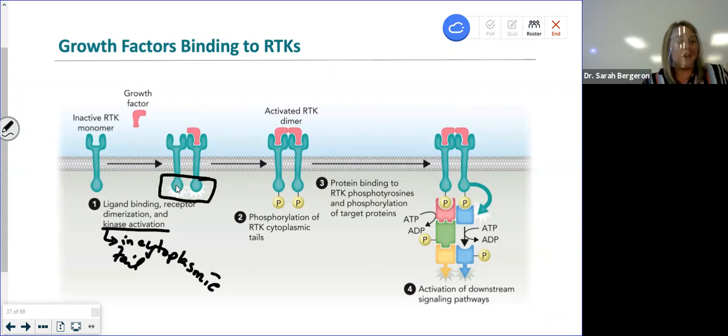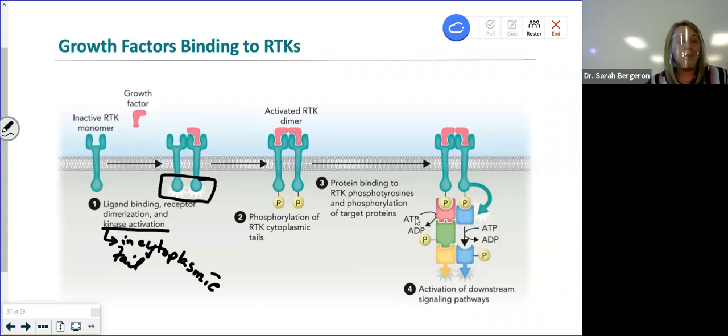So what happens is that you're going to have phosphorylation of both cytoplasmic tails. They're going to phosphorylate each other. Now that they're phosphorylated, there are perfect sites for attachment of those target proteins. So all of these different proteins are adapter proteins, right?